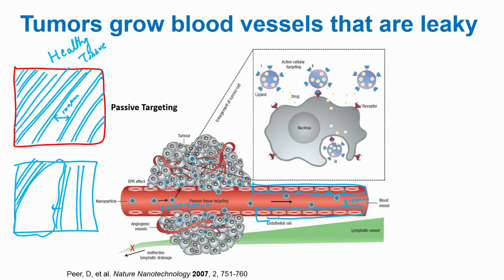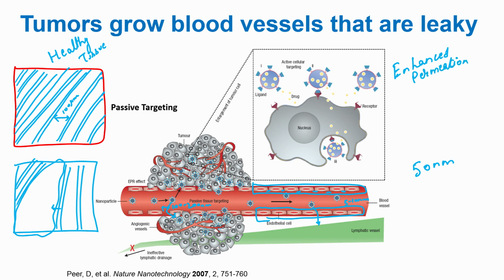These gaps are huge, and because of that, if you design a particle which is, let us say, 50 nanometers in size, while that particle is flowing here, it is just physically too big to go into your healthy tissue, whereas in the tumor tissue these particles can very easily diffuse out and go into the tumor cells. Because of that, we say that these tumor vessels have enhanced permeation. So, this is called enhanced permeation.